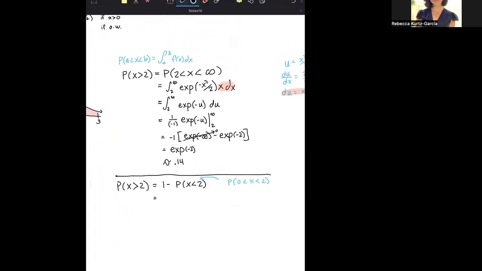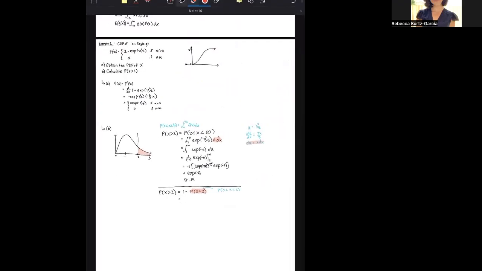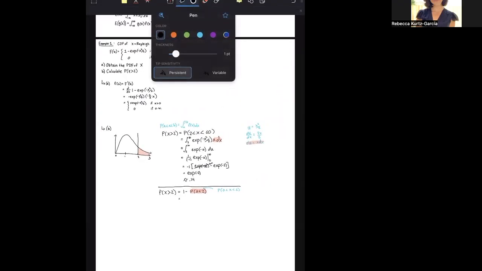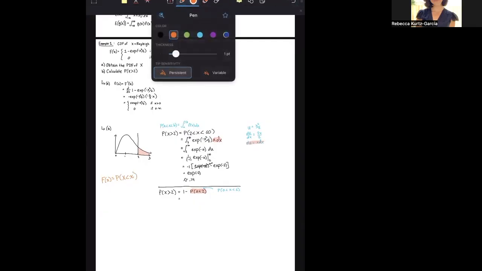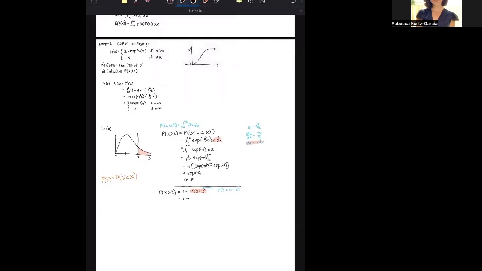The other thing I note is that this expression right here is related to the CDF. The CDF, if we recall, gives us the probability that x is less than or equal to some value. So I can use a property of CDFs here.